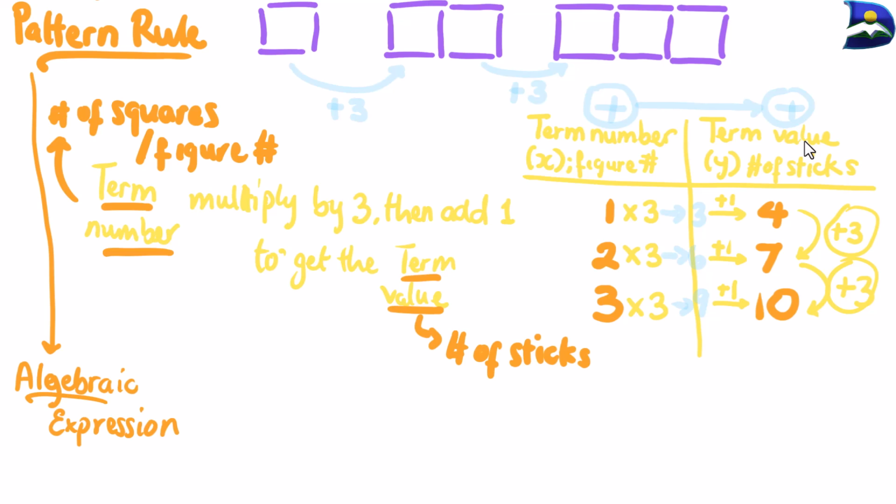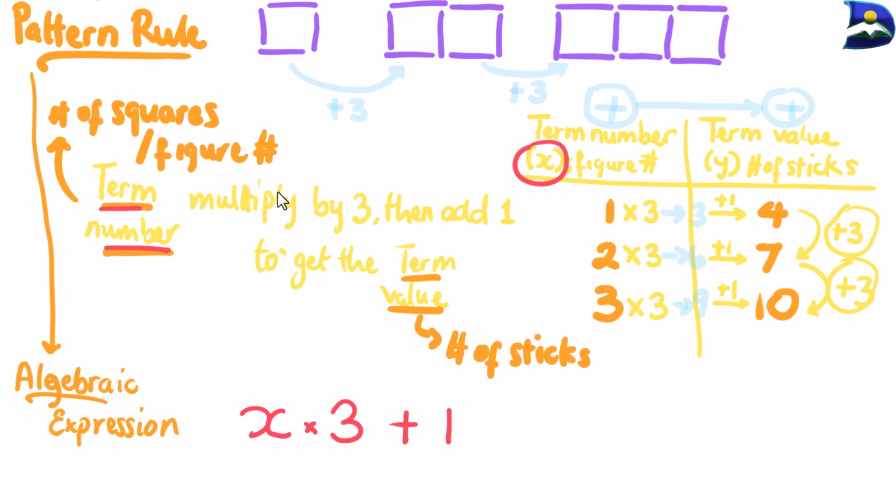So in here, what we realize is that yes, for our term number, the variable that we are going to be using is x, and therefore what that means is that x is what? Multiplied by 3, which means our x is multiplied by 3, and then add 1 after we perform the product of x and 3.